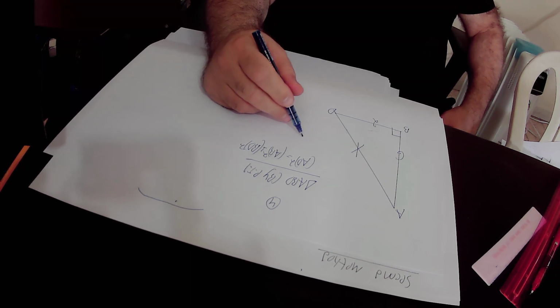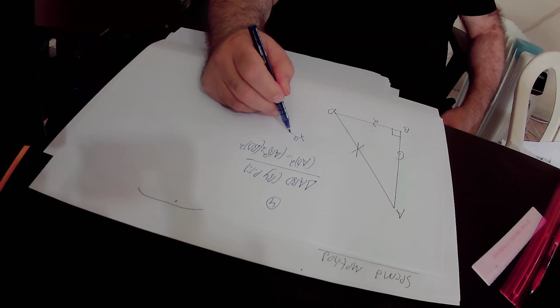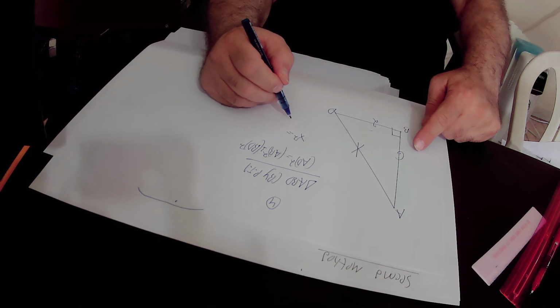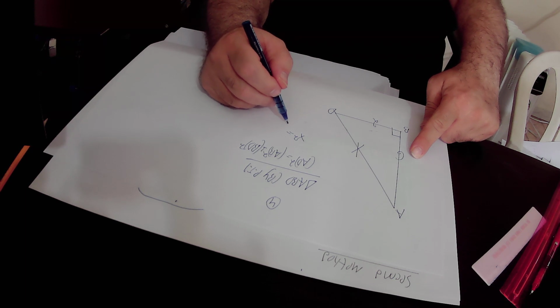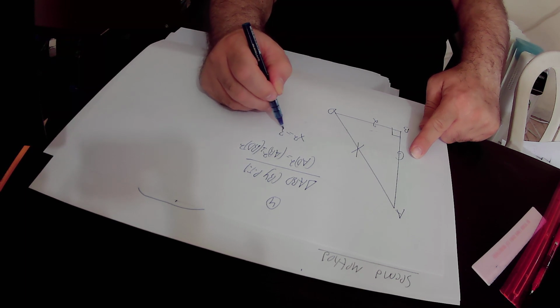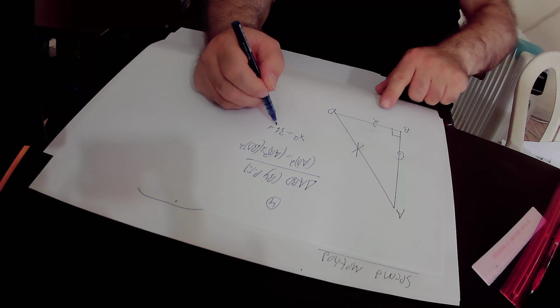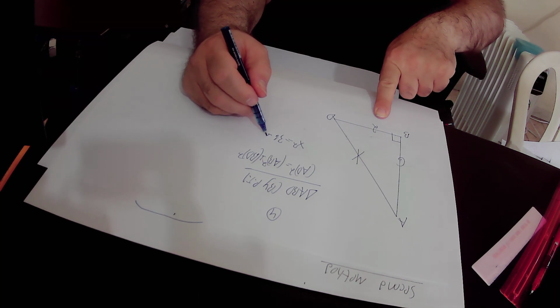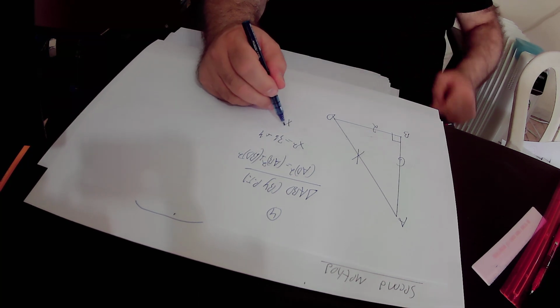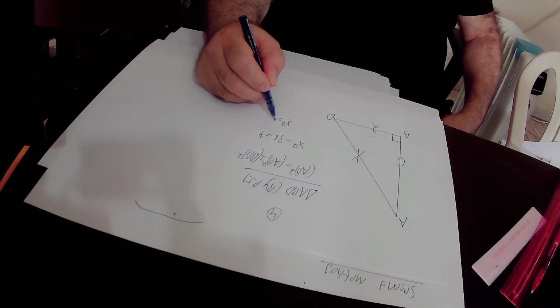AD is x, so AD squared is x squared, and it is equal to AB squared. AB is 6, so AB squared is 6 squared, that is 36, plus BD squared. BD is 2, so BD squared is 2 squared, that is 4. We found that x squared equals 36 plus 4, that is 40.